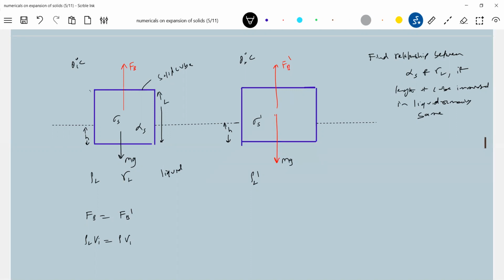If you want, I'll bring g also. So this will be rho L Vi. What is Vi? Initial volume immersed, area of cross section, L square, times H. G will get eliminated. Rho L dash, what is it? We can write it as rho L into 1 plus gamma L delta theta.